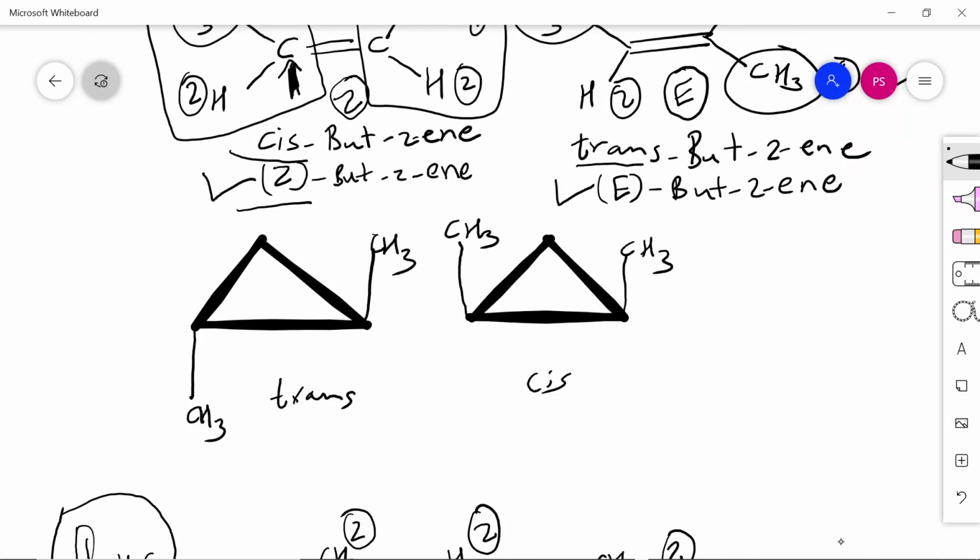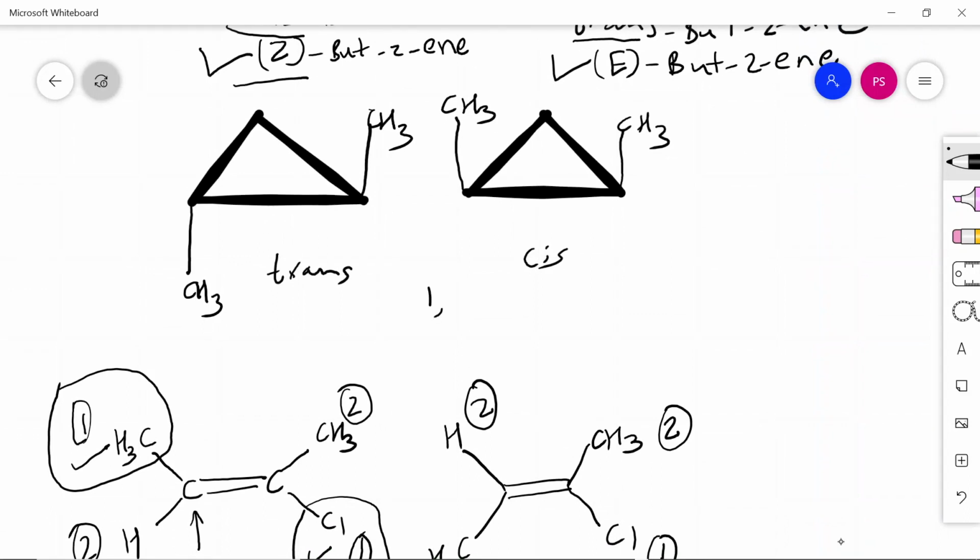Geometrical isomerism also arises in cyclic compounds. For example, cyclopropane. Both these compounds are 1,2-dimethylcyclopropane.